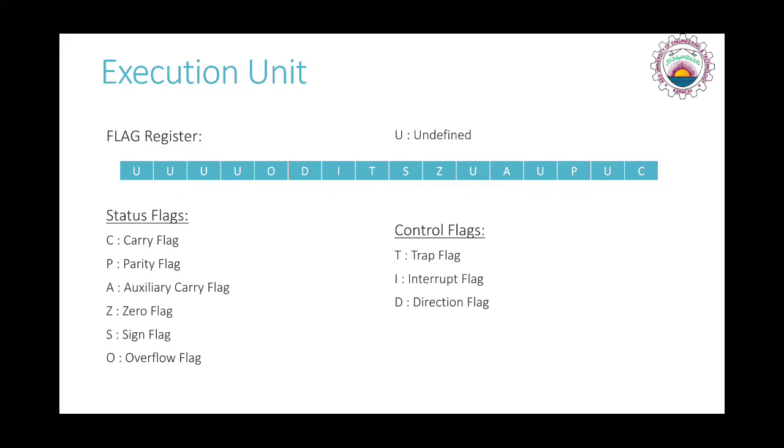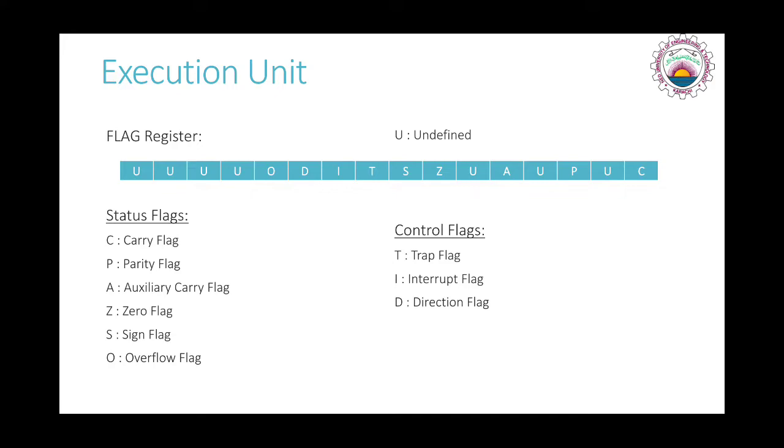Or if you are performing subtraction operation using microprocessor and you have taken borrow on the MSB of the number, then carry flag will be having logic 1. Otherwise, if there is no carry in case of addition or no borrow in case of subtraction on an MSB, then carry flag will be having 0.